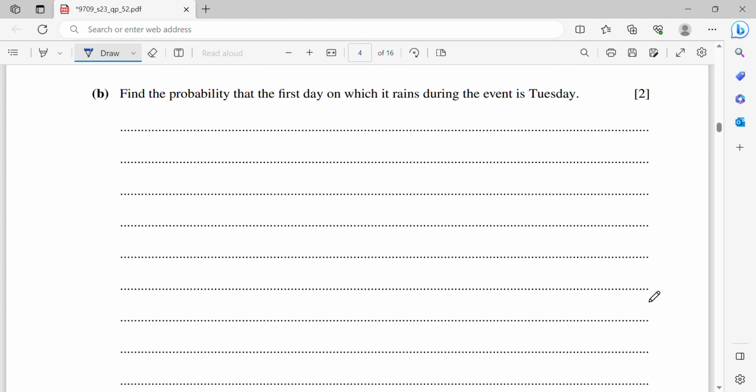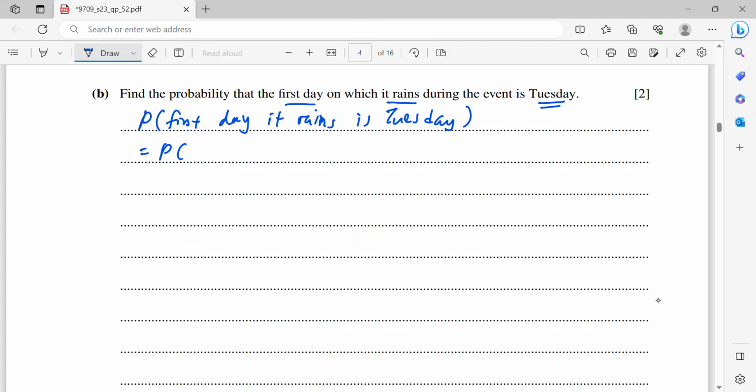Now B. Find the probability that the first day on which it rains during the event is Tuesday. So when the first day it rains is on Tuesday, which means the first 2 days, Sunday and Monday, will not be rain. So the first day it rains is Tuesday.